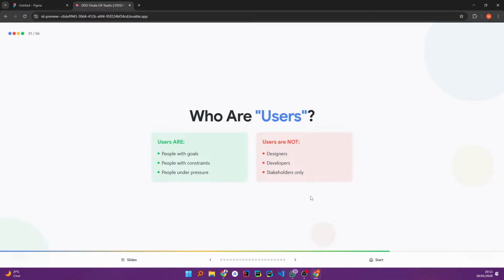Now, we've talked about what users are. Now, what are not users? Or what can we classify as not users? For our case, we ourselves are not the users, we are the designers. The developers are also not considered to be users. And also the stakeholders are not, but not always, yeah, most of the time they're not regarded as users.